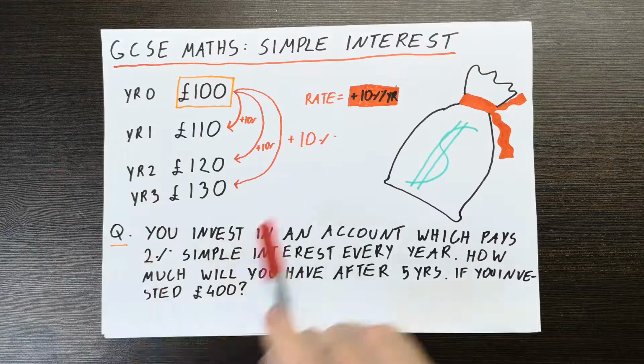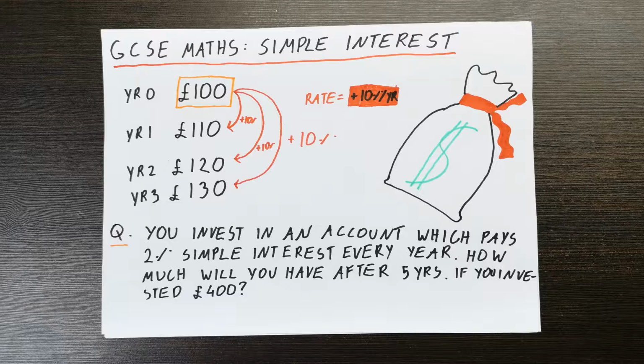So here's an example of how this works. You invest £100 into an account that will give you an interest rate of 10% every year. That's a really good interest rate, so if you've heard of accounts like that, let me know, because that's a really good interest to get in a bank. But anyhow, how does this work?